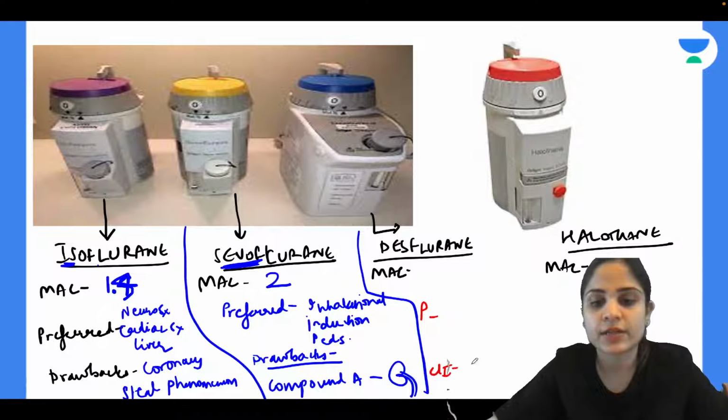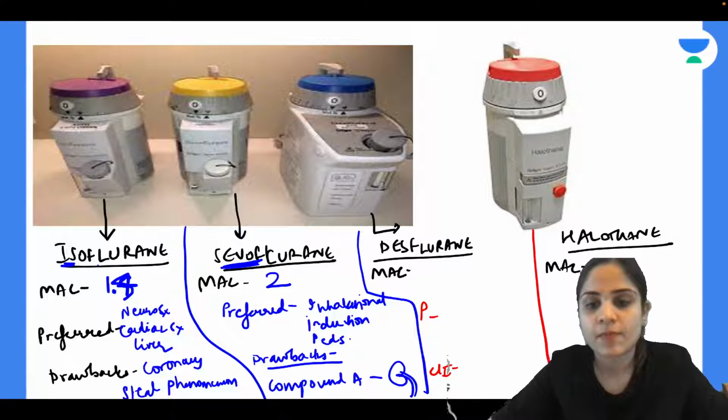Where is desflurane contraindicated? Okay, doesn't anyone know? Is there some problem with everyone's internet? Alright, so the MAC of desflurane is 6.